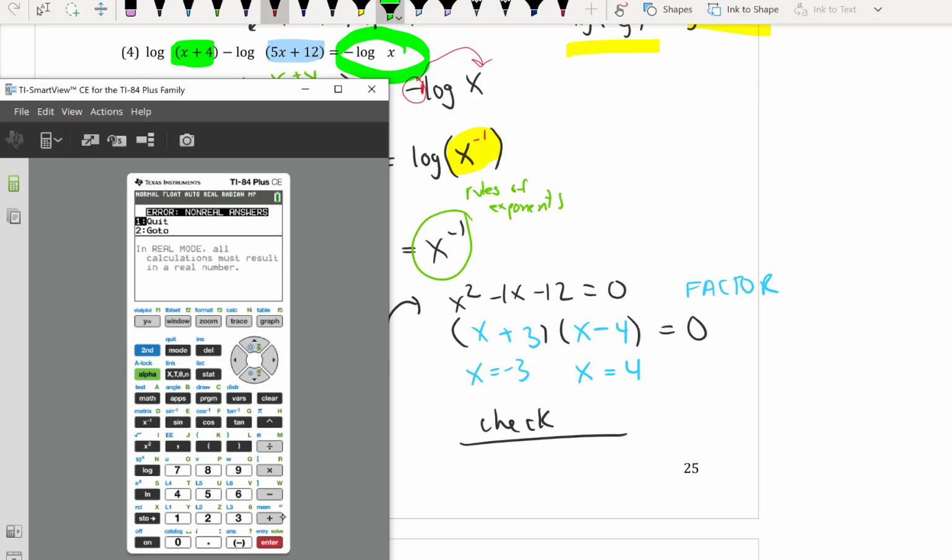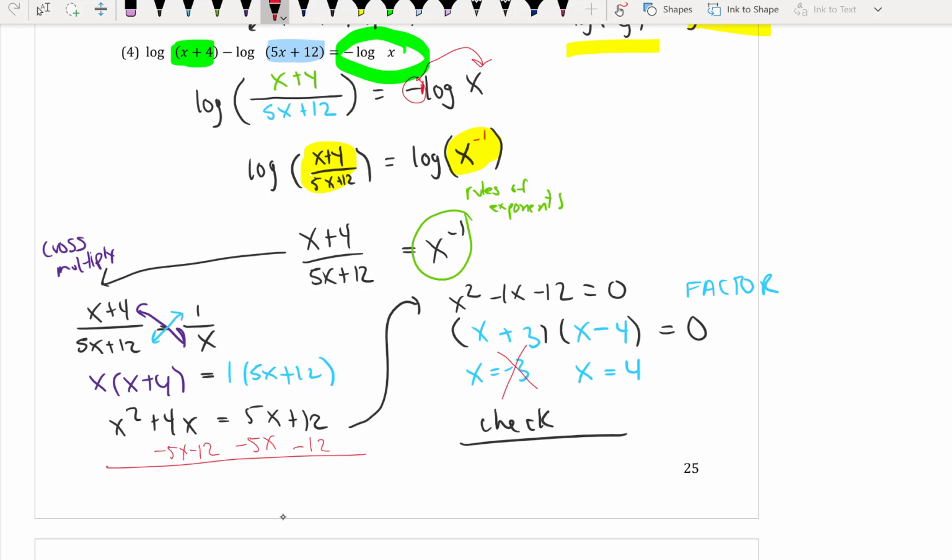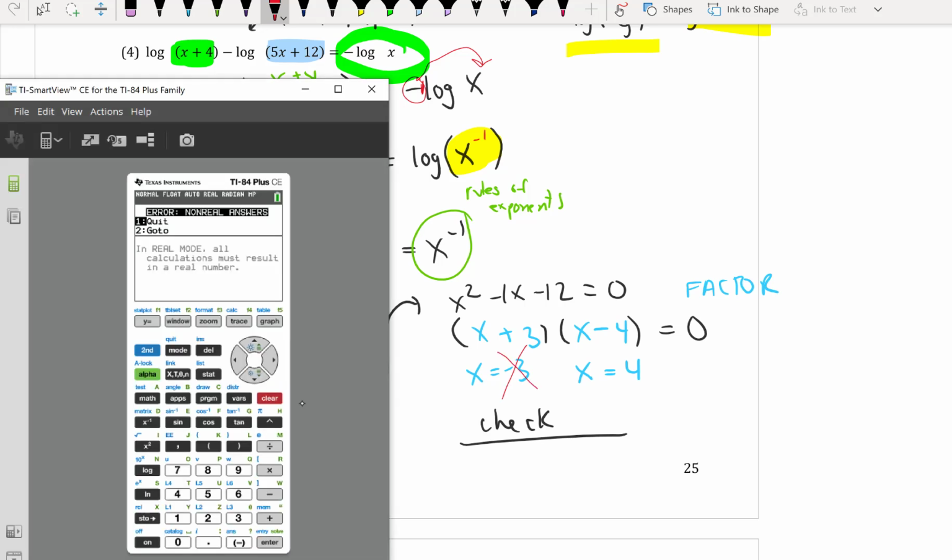I get a non-real answer. So I already know that this answer cannot be so. So now let's try it for x is equal to a positive 4. So I'm going to have minus log of a positive 4, and I get that decimal.